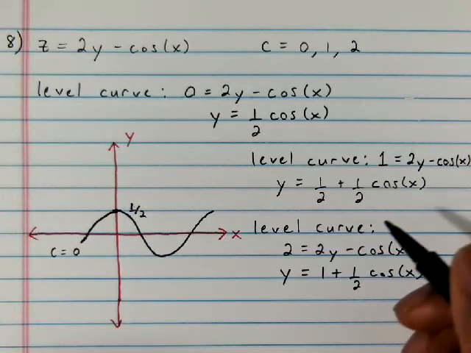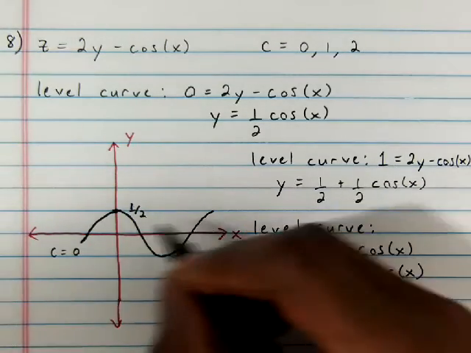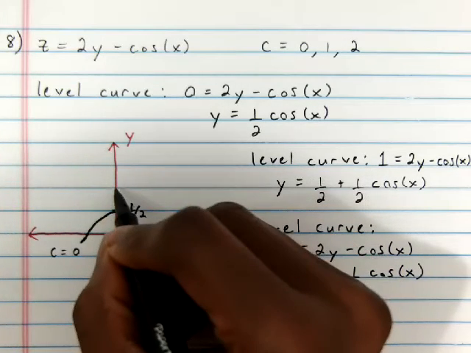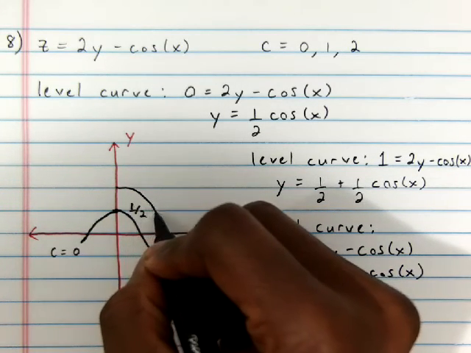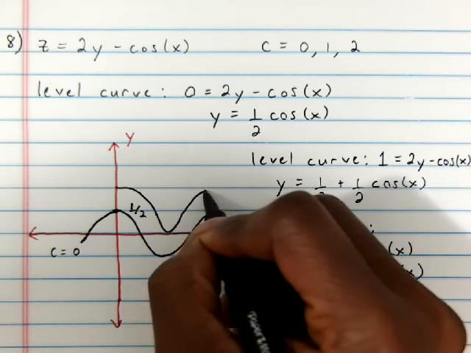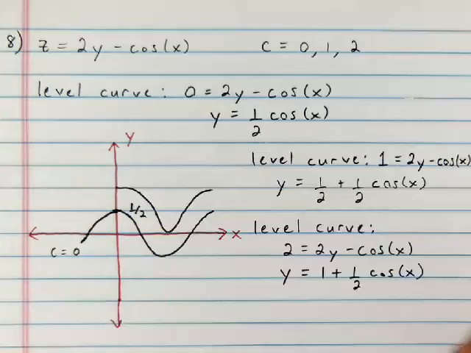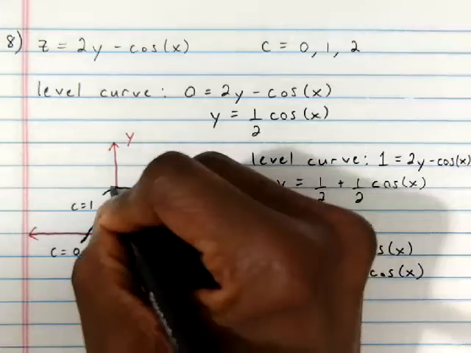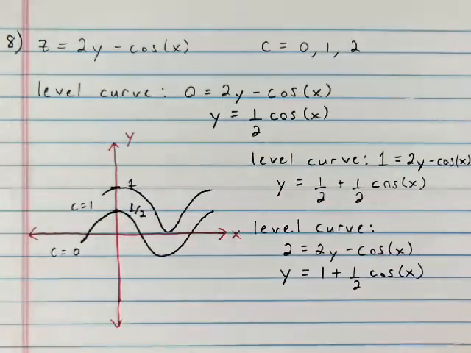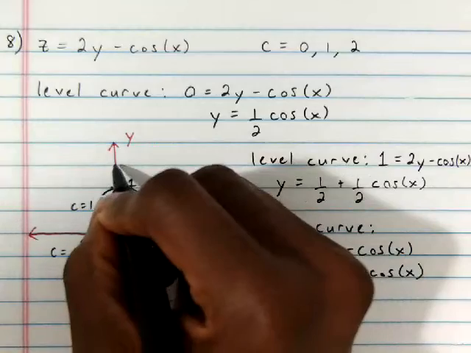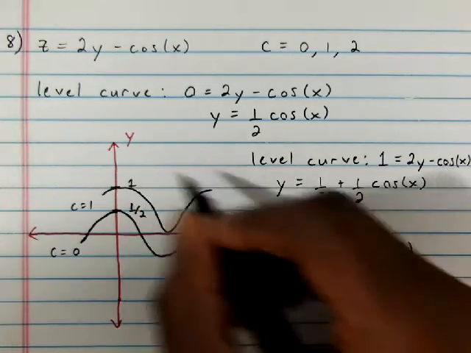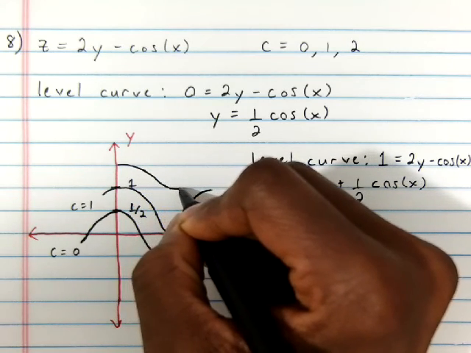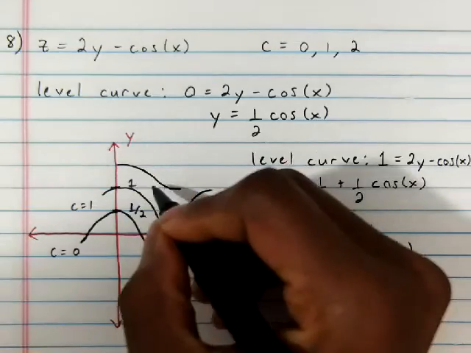And then for c equals 1, we just take this graph and we shift it up 1/2 unit. So we would have that. So that's what that should look like. And this is for c equals 1, and that would be at 1 right there. And then lastly, we take this and shift it up 1/2. Oops, my graphs are getting kind of squished.